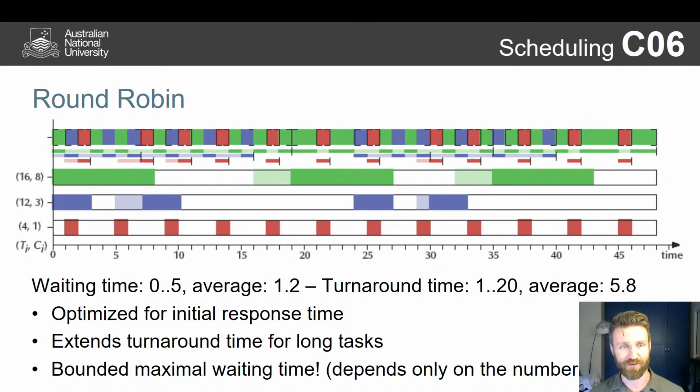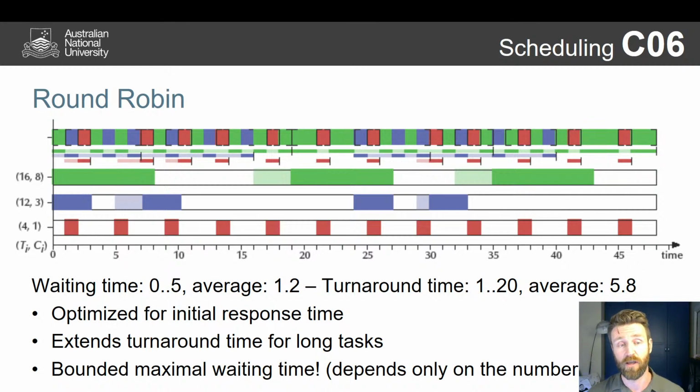What next? So if we're allowing preemption, we could start to notice some things. So if we were to notice that the long tasks under round robin are being extended, we could think, well, maybe we can improve our maximum turnaround time.